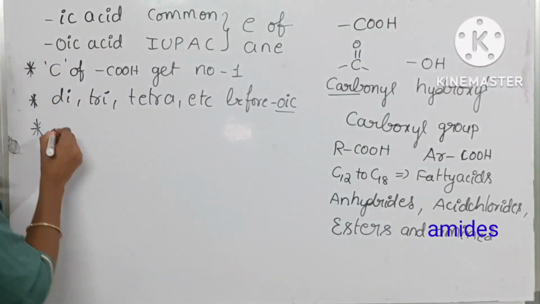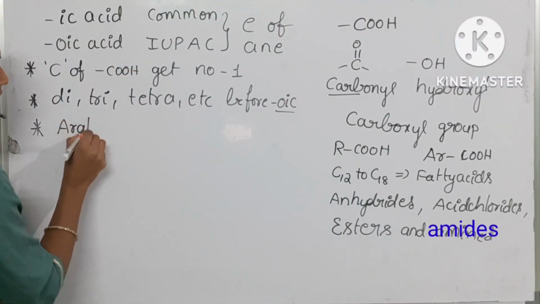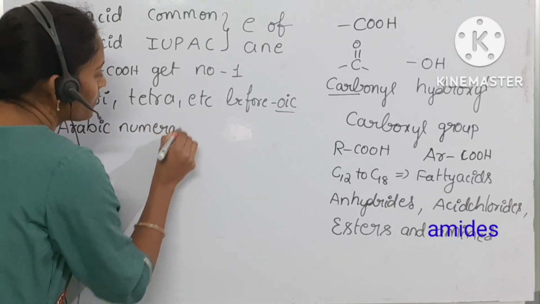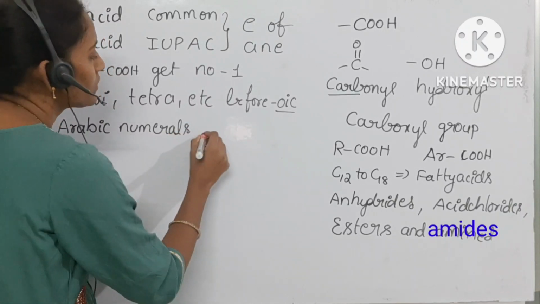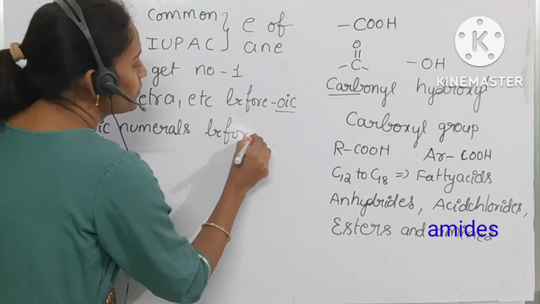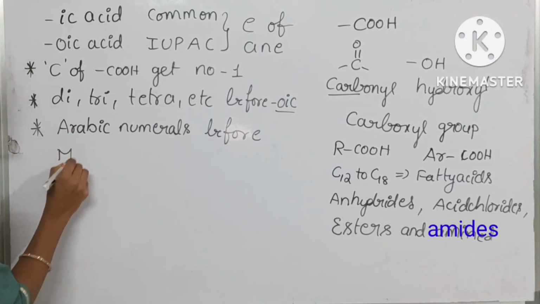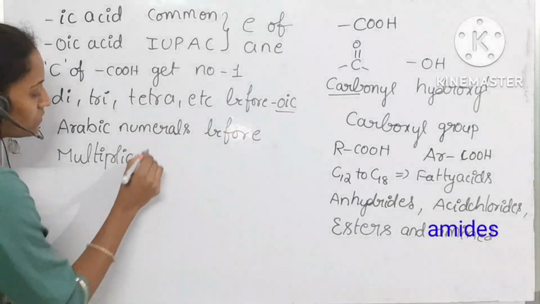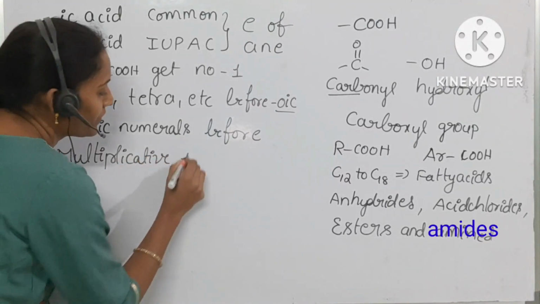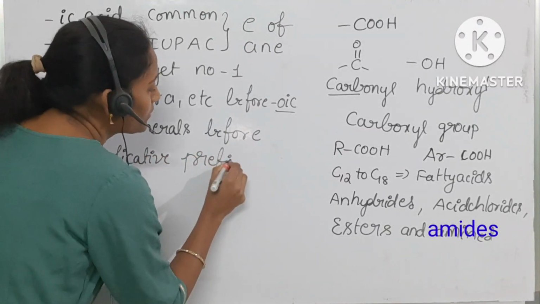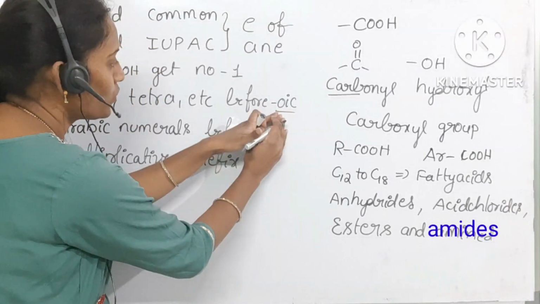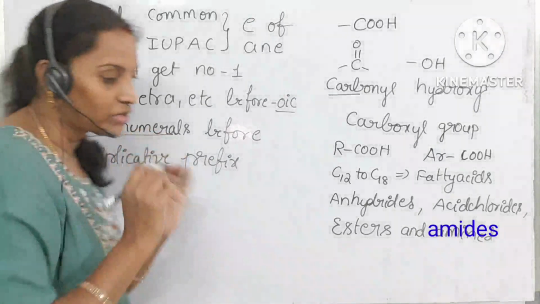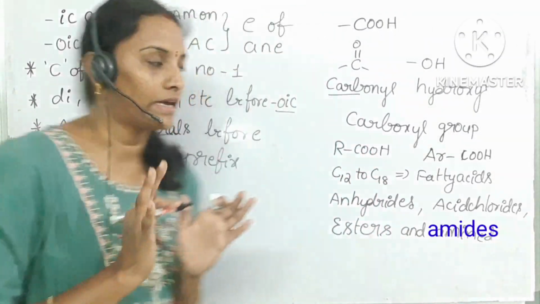That is indicated with Arabic numerals, which we should write before the multiplicative prefix. This multiplicative prefix we should write before oic acid. Arabic numerals are nothing but 1, 2, 3, 4 like that.